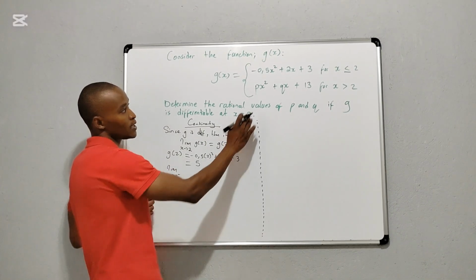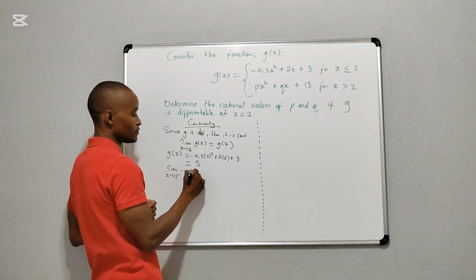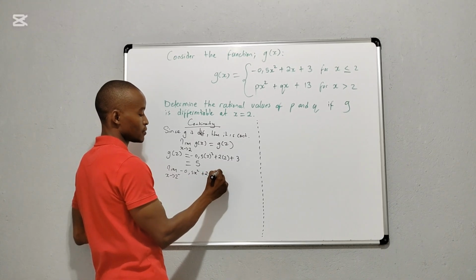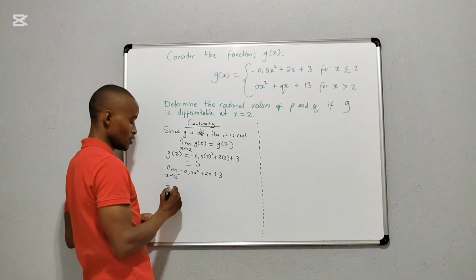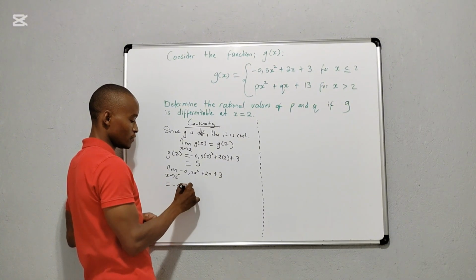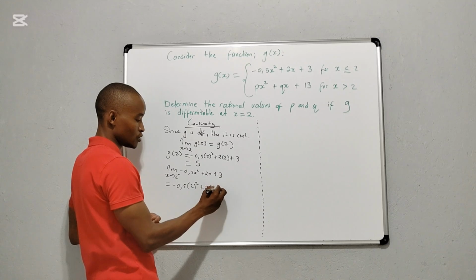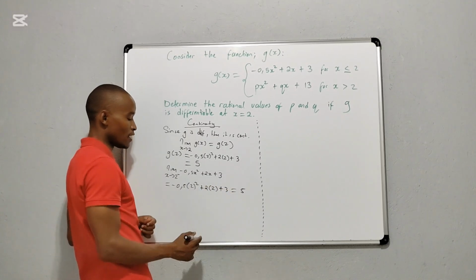Which function are we going to take? This one. Negative 0.5 x squared plus 2x plus 3. This will be equal to negative 0.5 times 2 squared plus 2 times 2 plus 3, which is indeed 5.